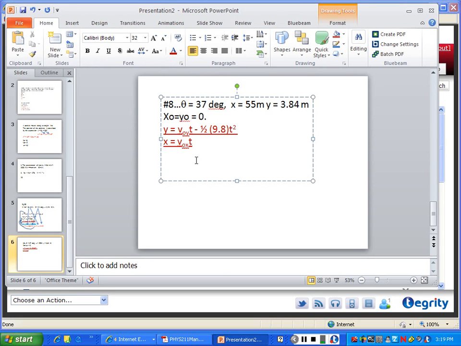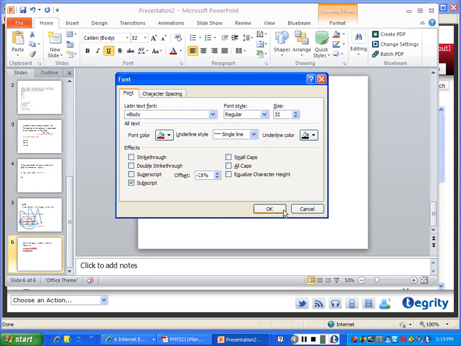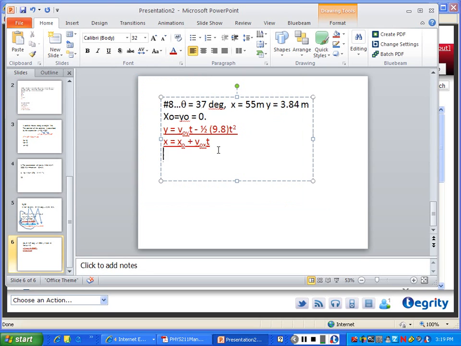Sometimes we don't include the starting point because it's generally assumed to be 0, but to be more explicit, let's put the starting point in both of our equations, y and x, so that it's clear that if the starting point isn't 0, then we would have a place to put it.